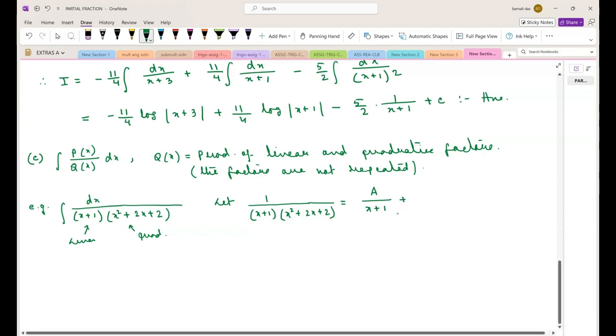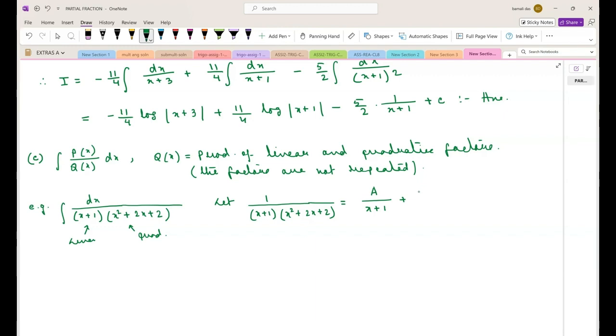But when we consider a quadratic factor, since the degree of a quadratic factor is 2, we have to choose the constants in the numerator in such a way that the polynomial we now consider in the numerator has degree 1.